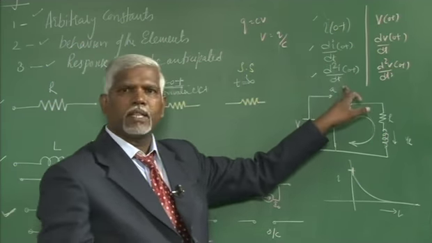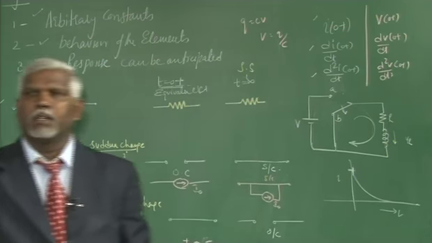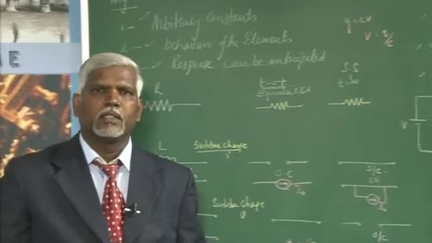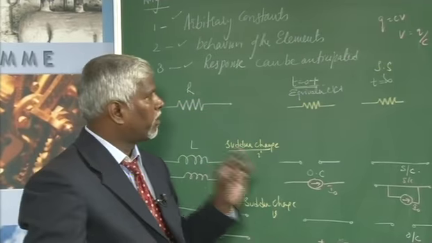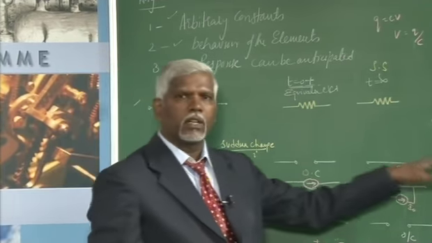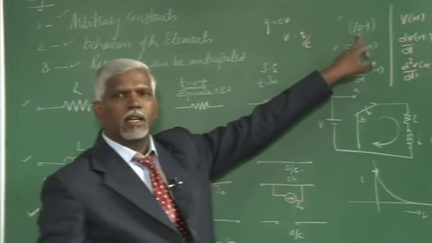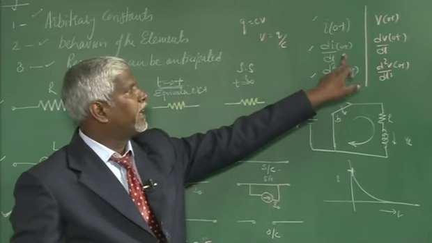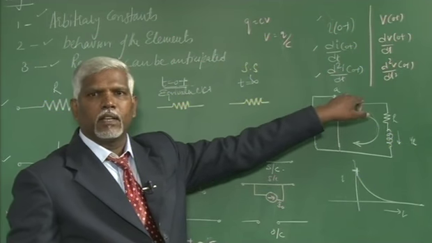I told you how the response is going to change with time. I do not require a lab to understand the response. Theoretically, I can plot an expected response in case of a given circuit by evaluating the current at 0 plus, the rate of change of current, and the second derivative.